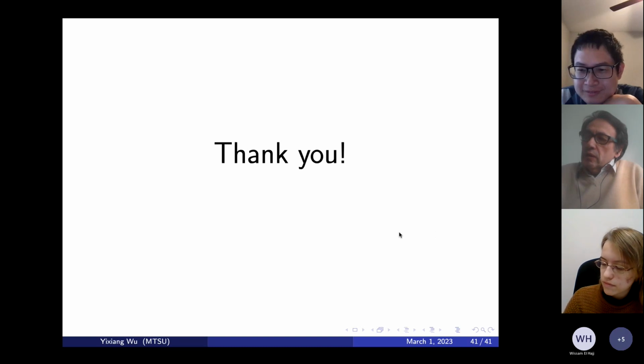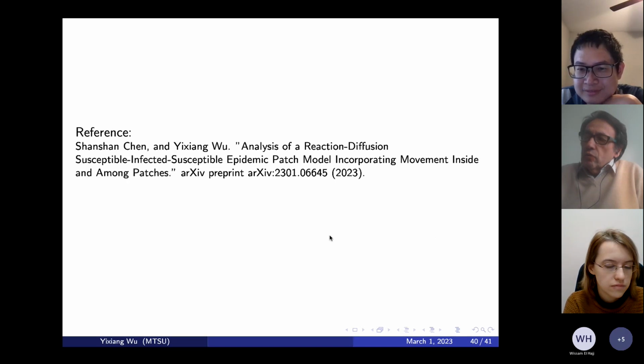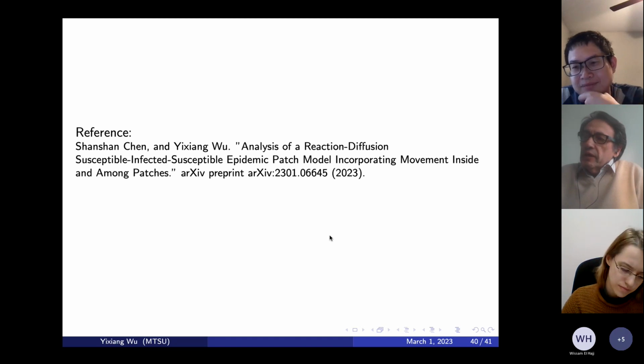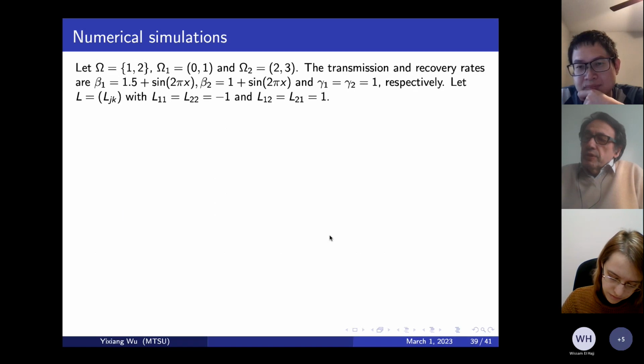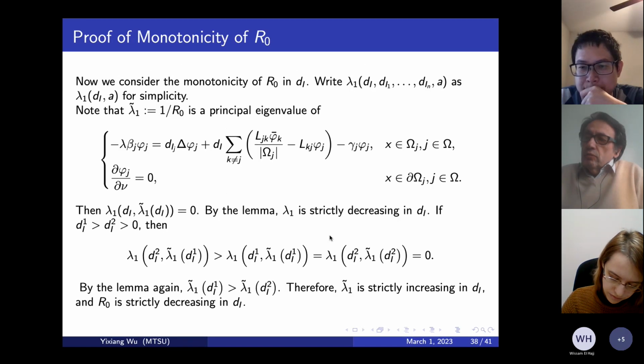One of the main results of your work is that the basic reproduction number is a decreasing function of d_I and d_ij. This means that the motion of infected people, in some sense, decreases the epidemic progression. Could you give us some biological or intuitive insight?